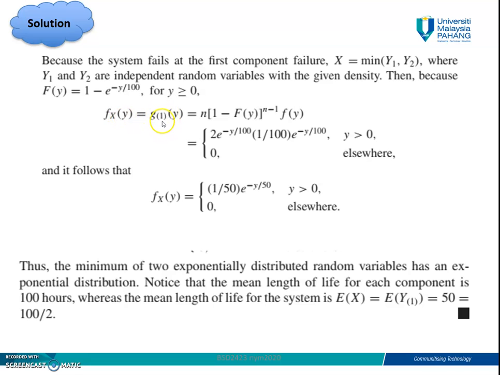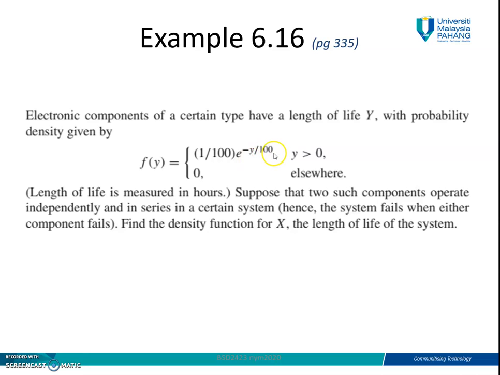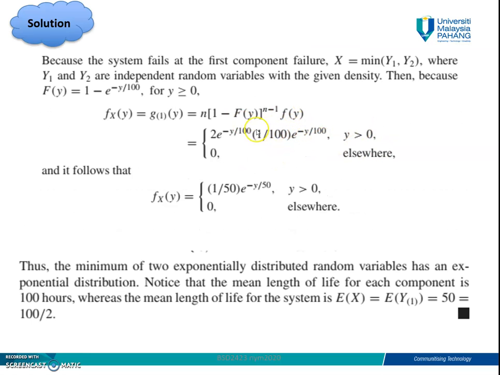So you will have g1(y), which is very related to the previous video, the theory of order statistics. Here you have n times (1 minus F(y)) to the power n minus 1 times f(y). You substitute n equal to 2 because you have two components, then 1 minus F(y), and you substitute F(y), simplify, and you will get 1/50 e to the power negative y over 50, for y greater than 0 and zero elsewhere.